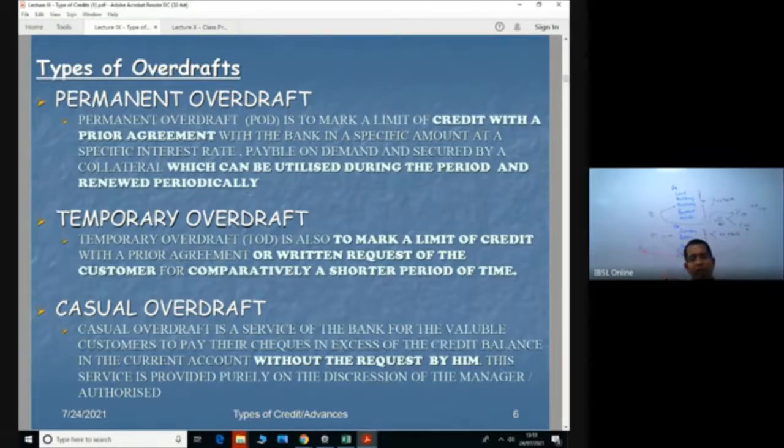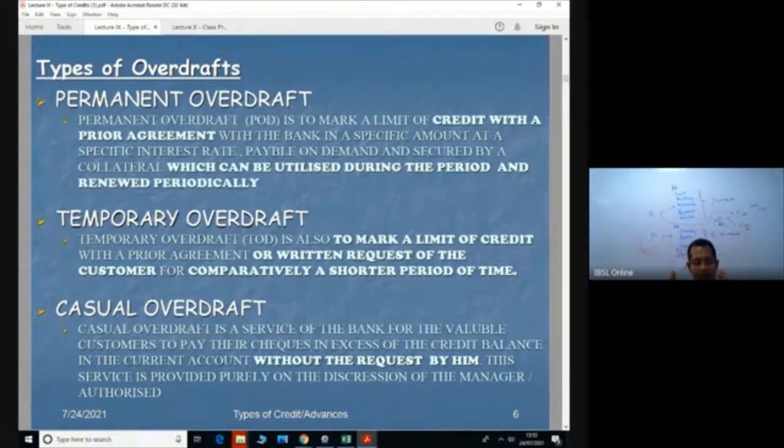May or may not have an offer letter, but the customer has to request to mark a limit over and above their credit balances for a 3 months period.